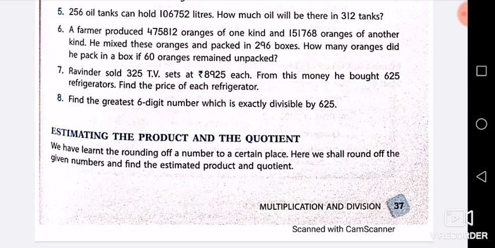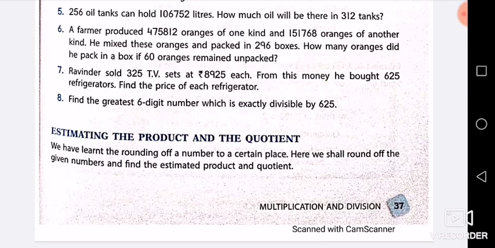Now what he has done, he mixed these oranges and packed in 296 boxes. He mixed these oranges and packed in 296 boxes.